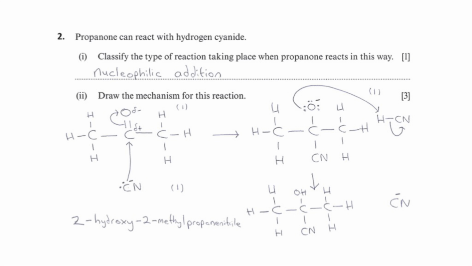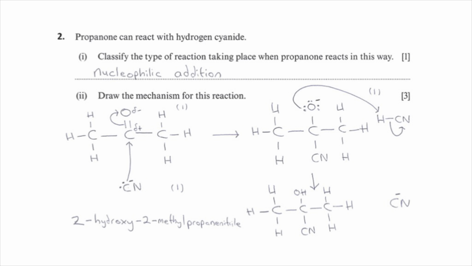1 mark is given if you drew CN minus with a pair of electrons attacking the delta plus carbon. So if you drew in the nucleophile and a double-headed arrow moving from the pair of electrons to the delta plus carbon, that gets you 1 mark. If you had the correct dipole, delta plus carbon, delta minus oxygen, and then that double bond breaking, and you drew a double-headed arrow moving from the bond onto the oxygen, there's a mark for that.